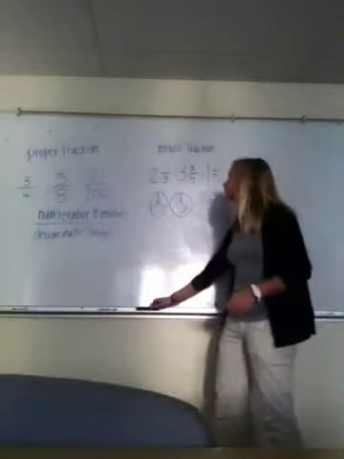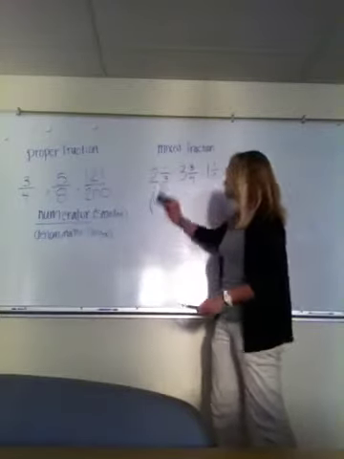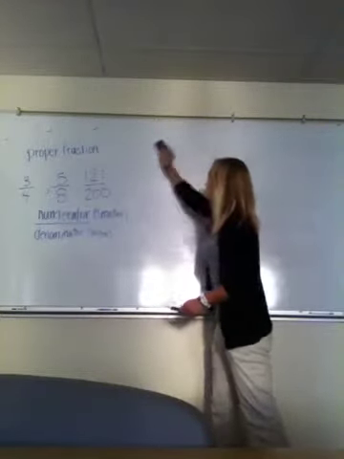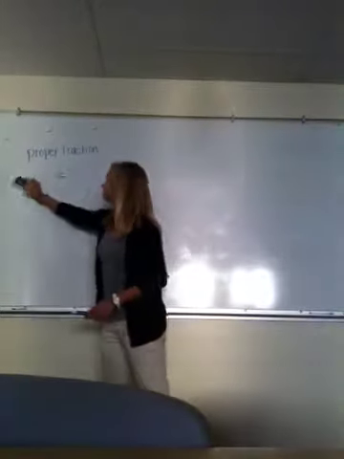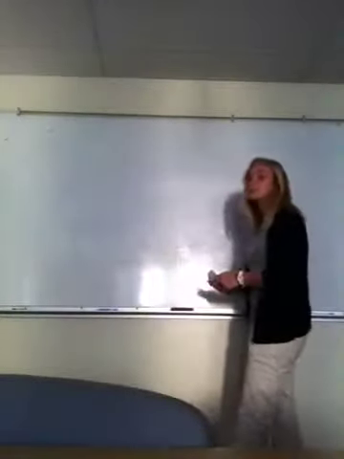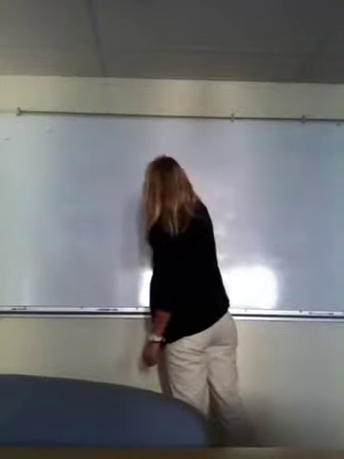Now, the final fraction that we are going to be talking about involves a little bit of our mixed numbers. And you'll see why in a minute. These are called improper fractions.